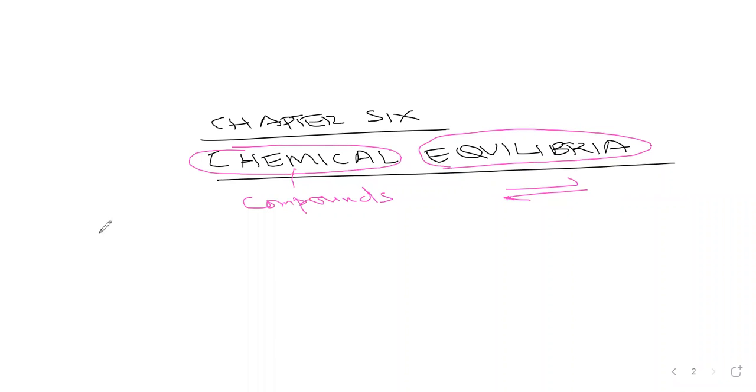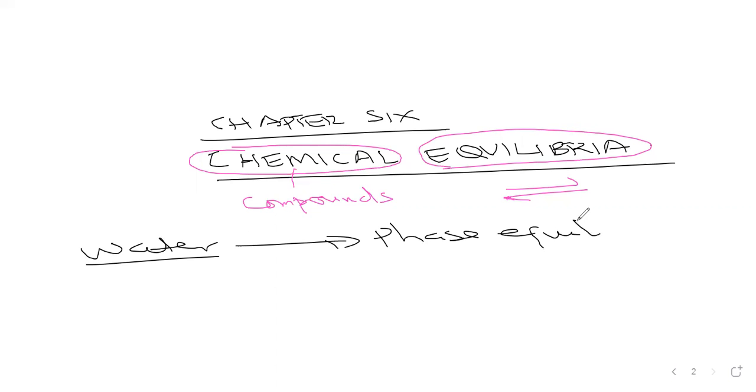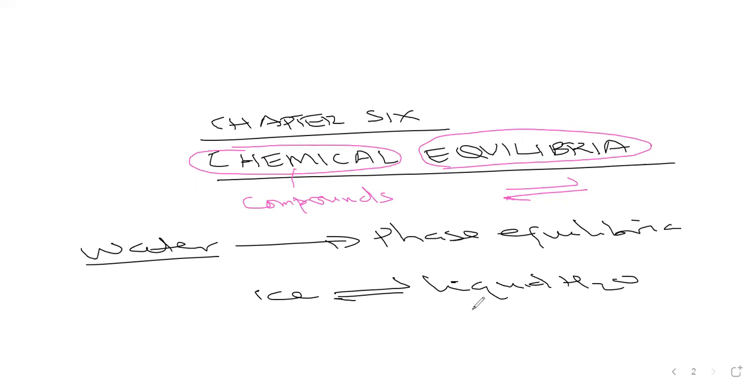because just like physical changes, we are aware that in physical changes, let me look, for example, at water. We looked at this under the topic phase equilibrium. We say the point is reached when ice is in equilibrium with the liquid water, and when the liquid water is in equilibrium with water vapor.